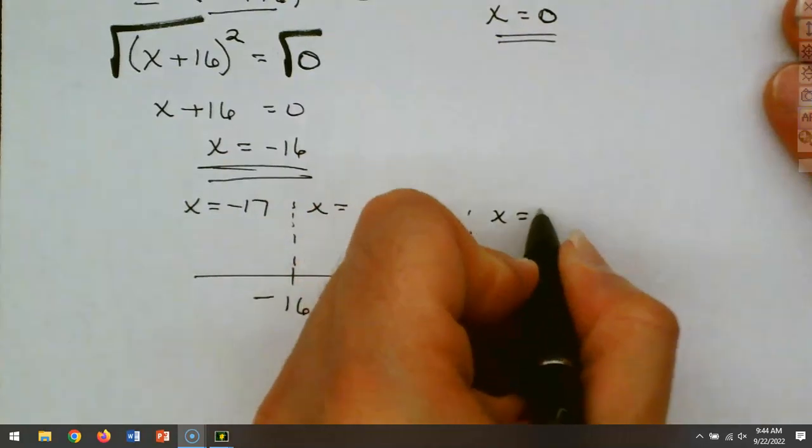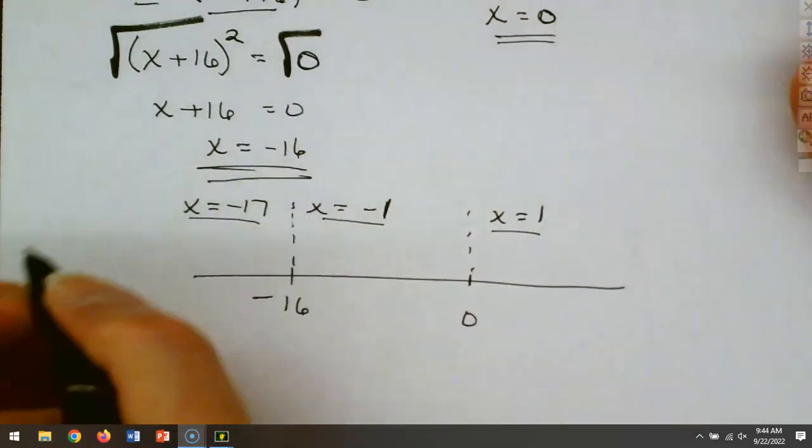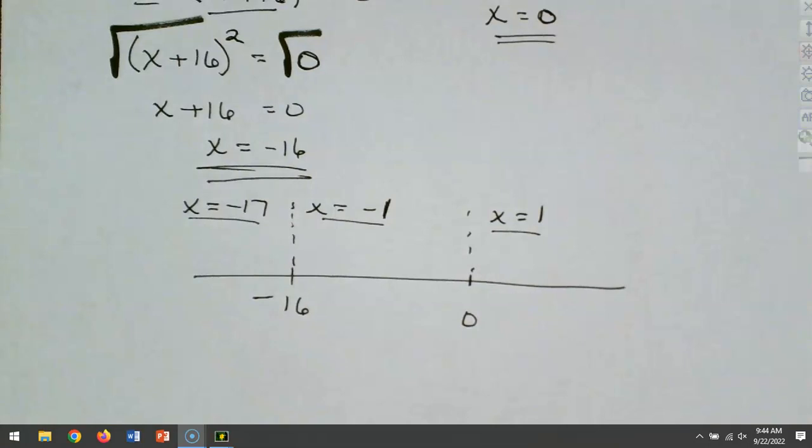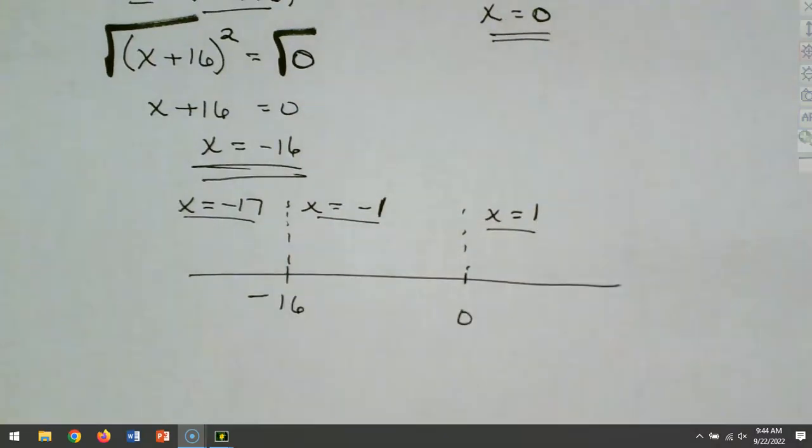Bigger than 0, how about we use 1? Okay, so those are going to be our critical points. The numbers we're going to check are going to be minus 17 because it is less than the negative 16. We need a number in the middle, and negative 1 is in there. Use the easiest numbers possible. And we need a number bigger than 0, and so we use a 1.